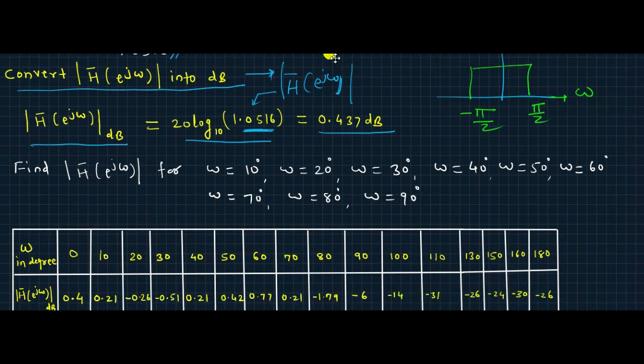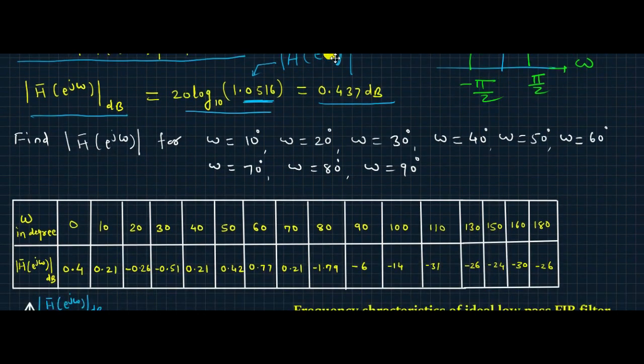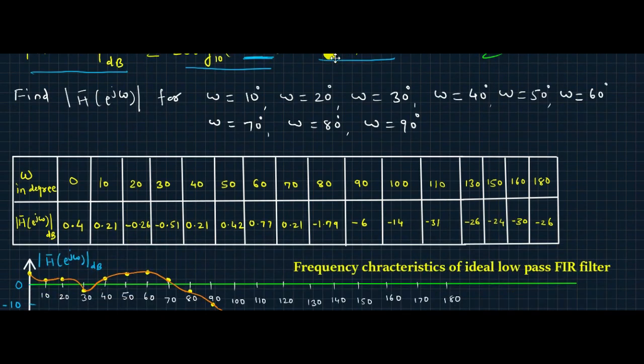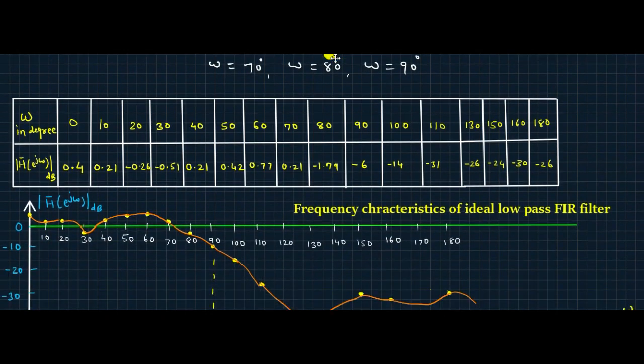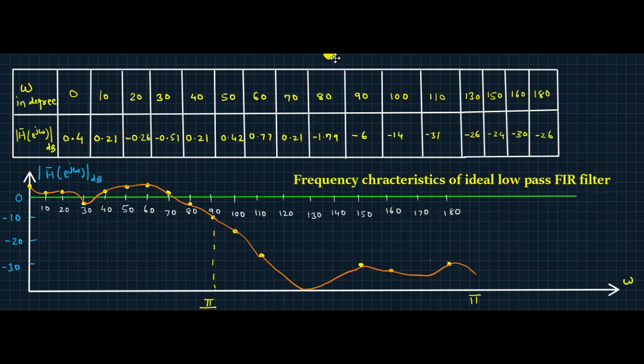I have calculated the values of the magnitude of h bar of e raised to j omega in decibels for different values of omega, and this is the final table. In degrees, for 0 degrees, you get 0.4 decibels; I have taken one digit.